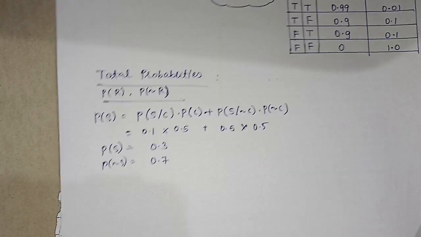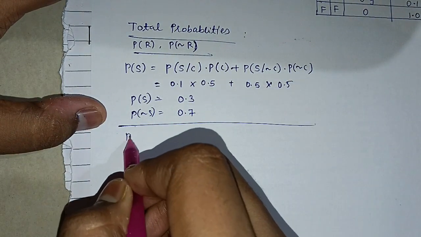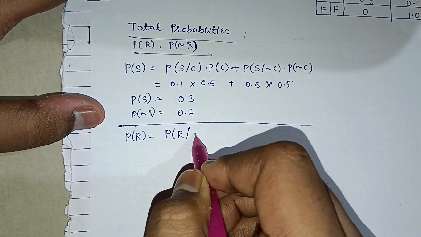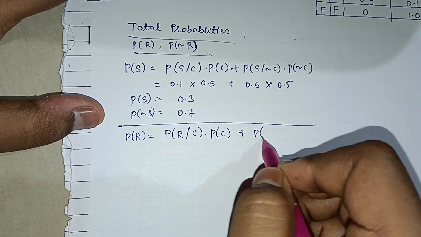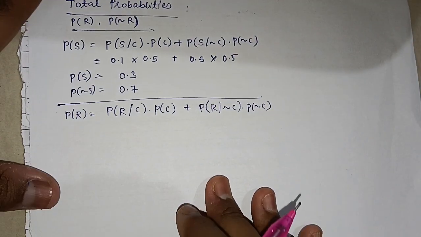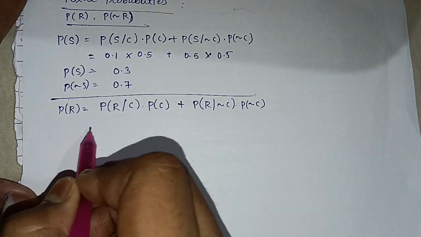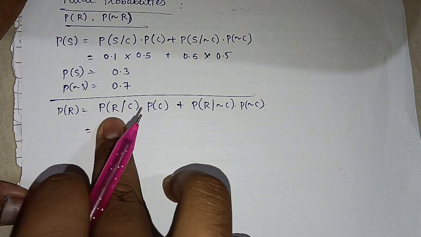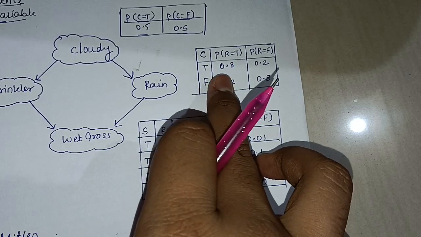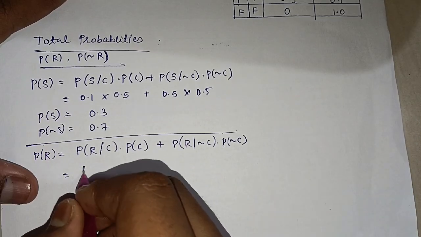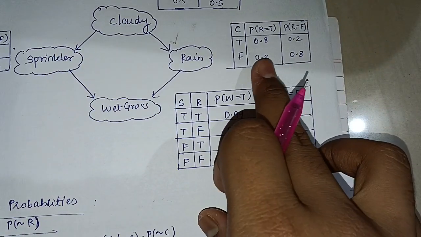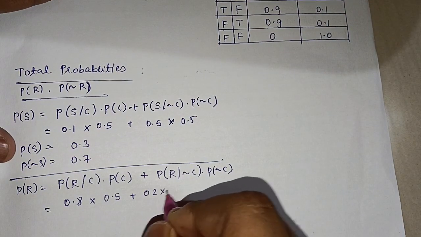Same we have to find for rain. Now see, for rain, P of R. Rain is also dependent on cloudy like sprinkler, so P of R given C into P of C plus P of R given negation C into P of negation C. So P of R given C, where R is true and C is also true, is 0.8 into P of C which is 0.5, plus R given negation C, 0.2 into 0.5.